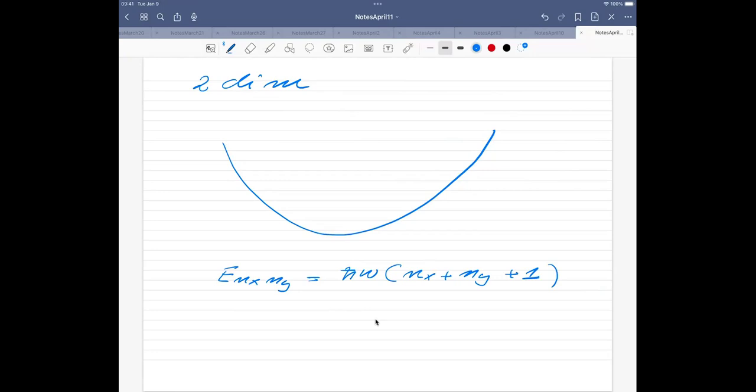Now, when we have a system of fermions, then we need to be a little bit careful because the total wave function for fermions has to be antisymmetric. That's the Pauli principle. A consequence of the Pauli principle, when we write the trial wave function in terms of single particle states, is that you cannot have more than one fermion in a single particle state. So this last statement is not the Pauli principle, it's the consequence of the Pauli principle, which says that the total wave function has to be antisymmetric.